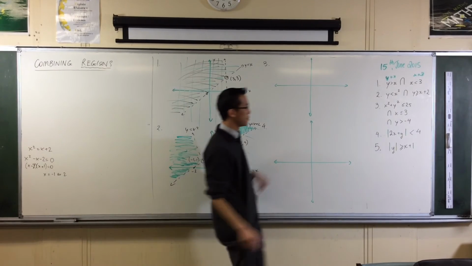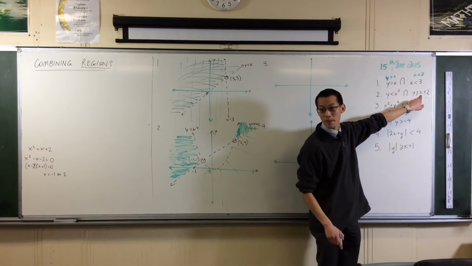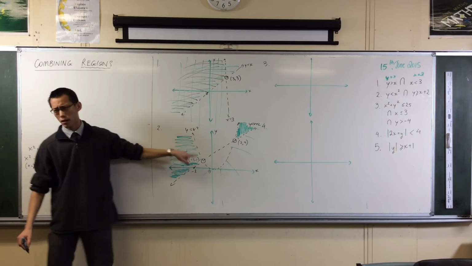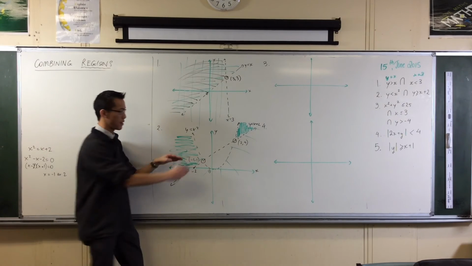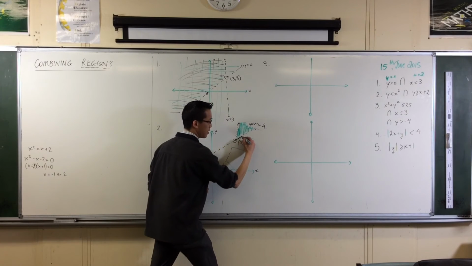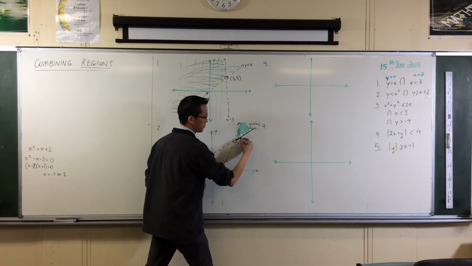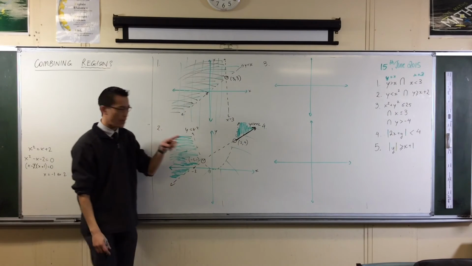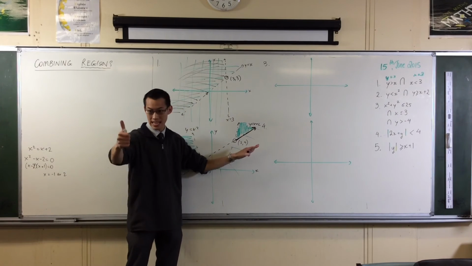Good, yes. I'm inclusive of this boundary. You have to make sure you finish it off. So I'm not inclusive of the intersection points, but outside there, for instance, this one here, you can see it is below the parabola, tick.